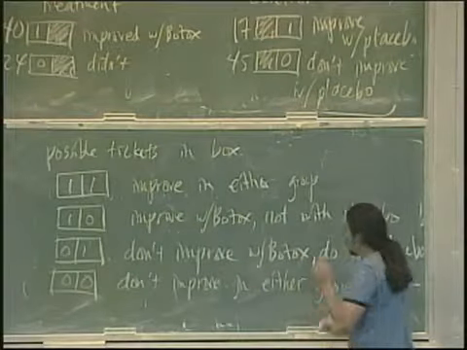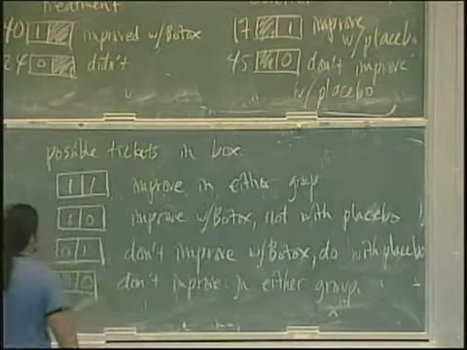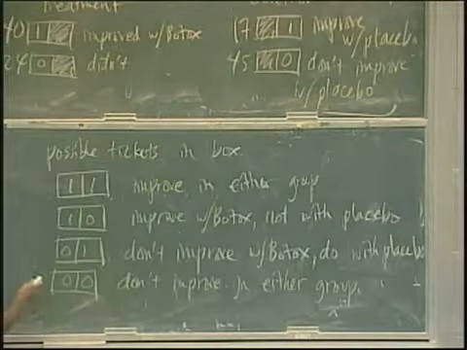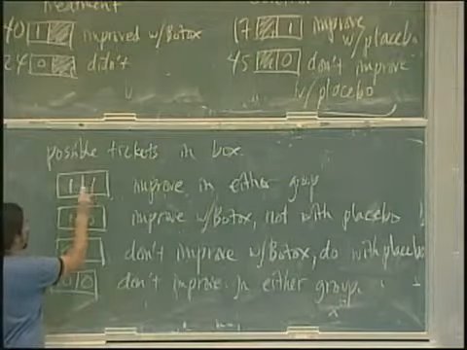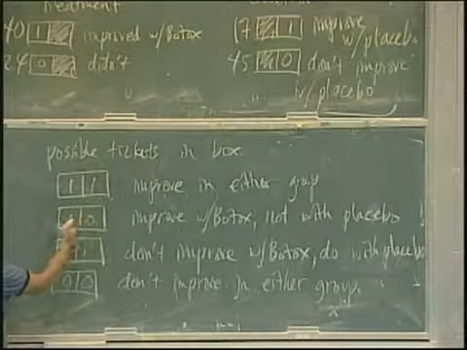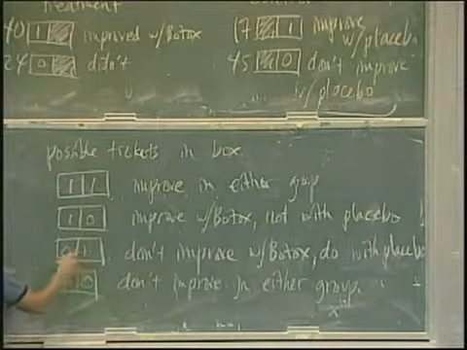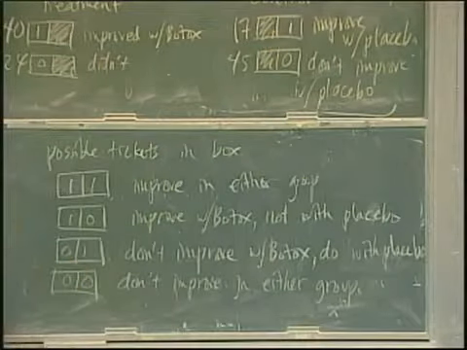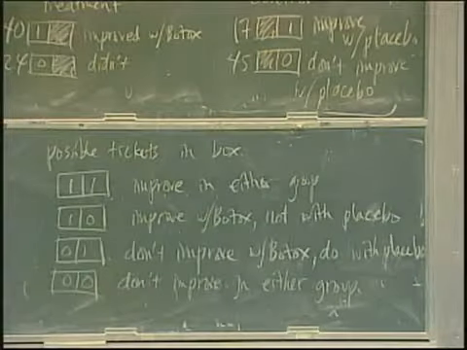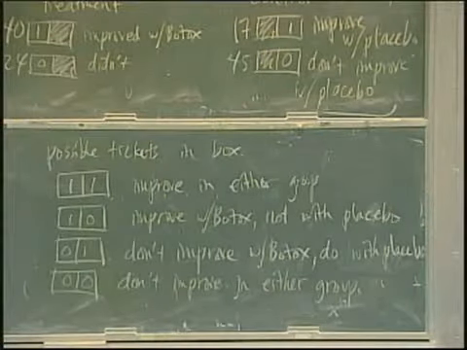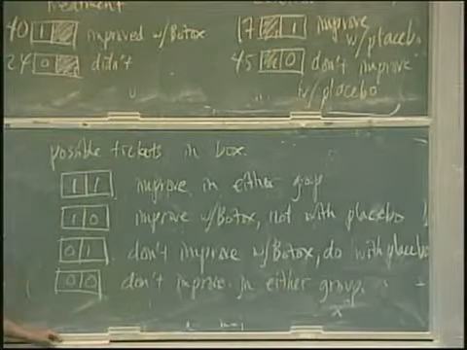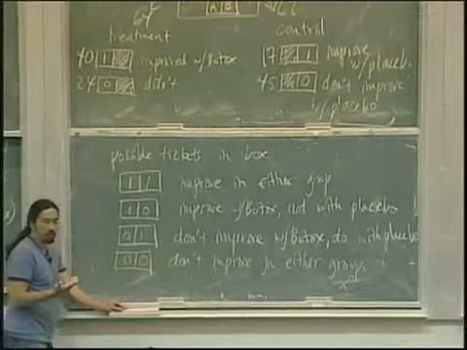I do want to give you a plausible story about each one of these tickets. If you look at the data, you might think there are probably some people that would improve either way, and some people that are going to improve if you give them Botox but not the other way. You might think this is a weird ticket. Why would someone not improve with Botox but improve with a placebo? They improve if you don't do anything, but somehow they don't improve if you give them Botox. Well, it's possible, I'm not saying it's true or not, that Botox is sort of a poison.